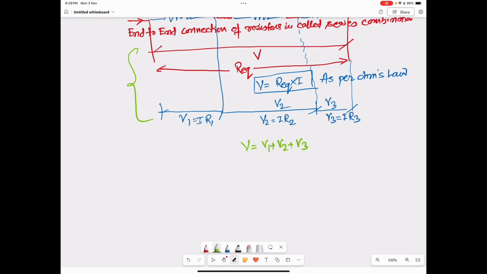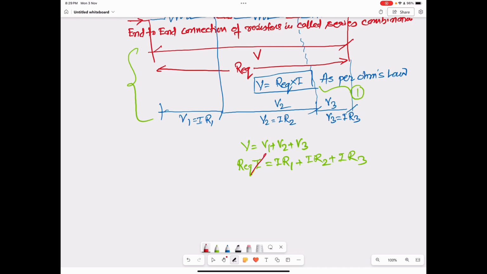Very simple. So I will put Req into I, which is equal to I into R1 plus I into R2 plus I into R3.